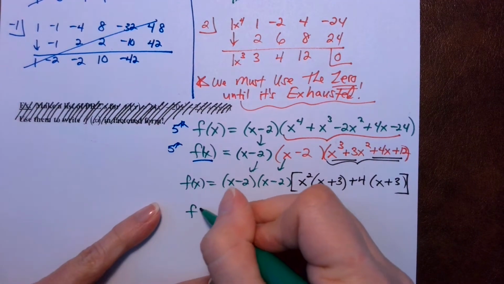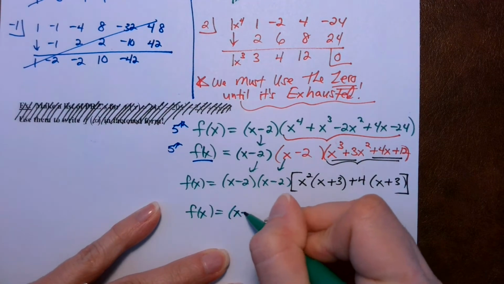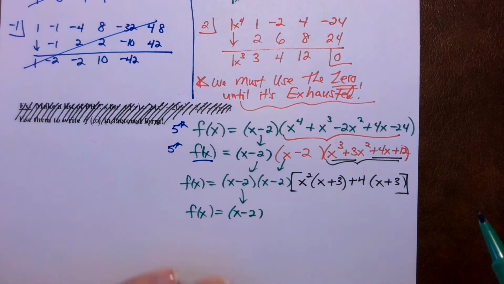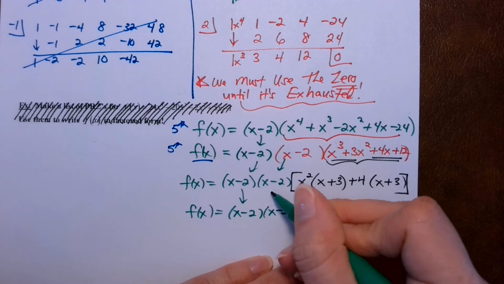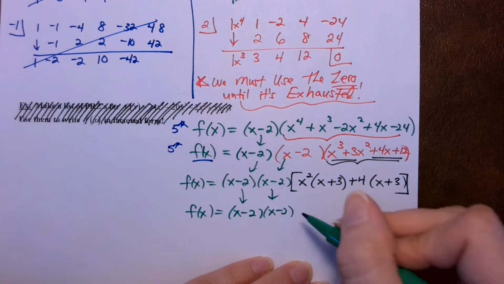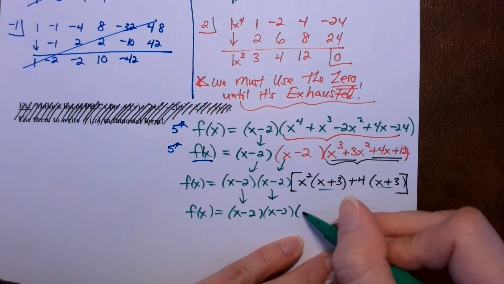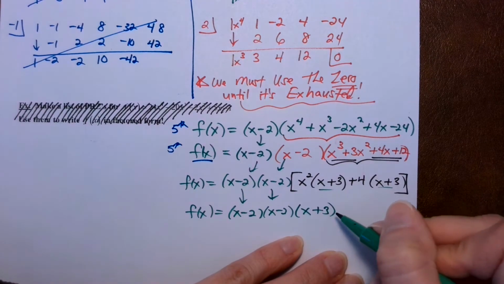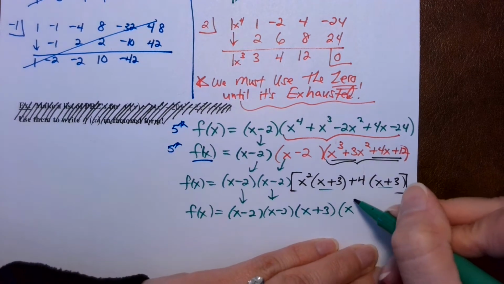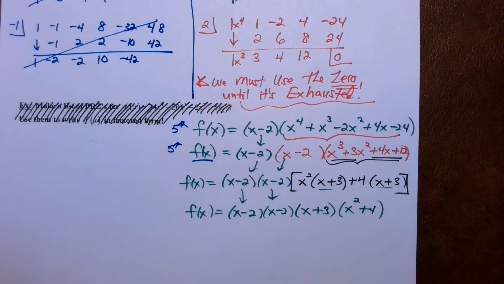So f of x equals, we found x plus 2 the first time. We found x minus 2 the second time. I'm noticing I see duplicates, x plus 3, and then our leftovers are x squared plus 4. Can this factor any further?